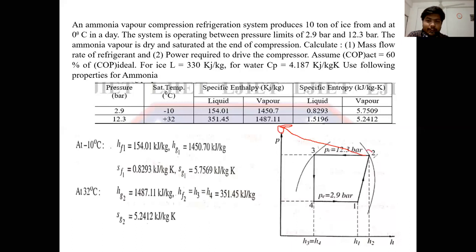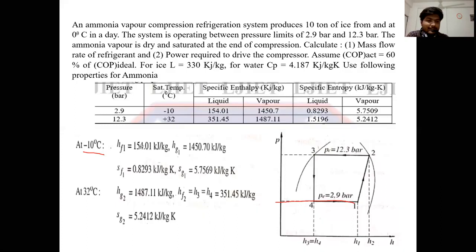That means at point 2 and point 3, these values are already in the table, because these two points lie on the saturated liquid and vapor line. And if we know the enthalpy of 3, h3 equals hf, h3 equals h4, because 3 to 4 is the isenthalpic process. So minus 10 degree is the low pressure side.